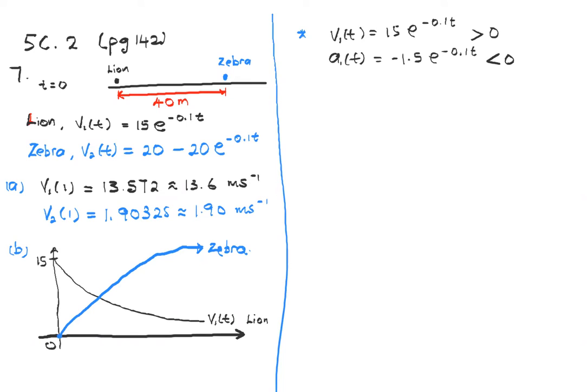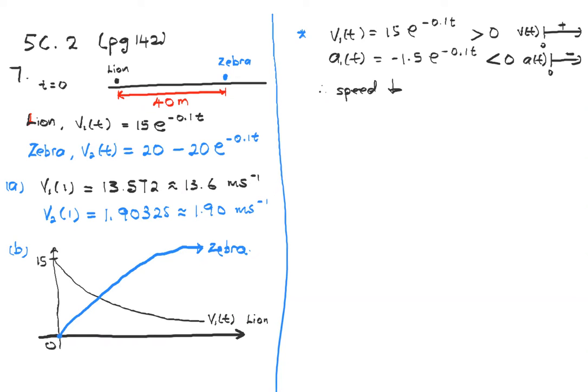So therefore, conclude speed decreasing. Can also do like that, because you see, if I draw a velocity sign diagram, it is always positive. If I draw acceleration sign diagram, it is always negative. Am I right? Opposite sign, decreasing speed.